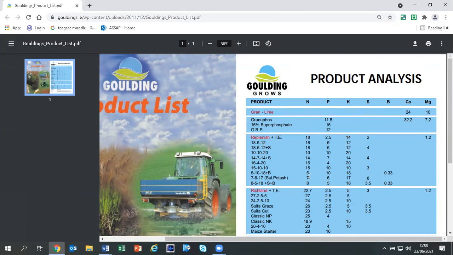Those figures give us a breakdown of the proportion of each of those nutrients that are contained in the fertilizer. So we have a huge range of fertilizer products there. Then we have the likes of our mainly phosphorus fertilizers. These are only containing phosphorus in terms of our NPKs. No nitrogen, no potassium contained in those ones.